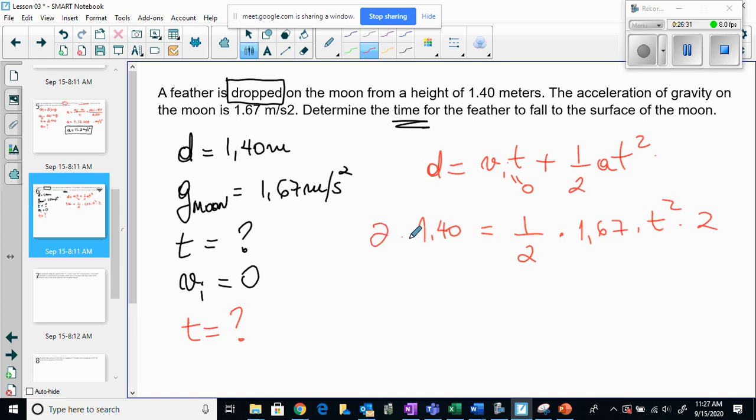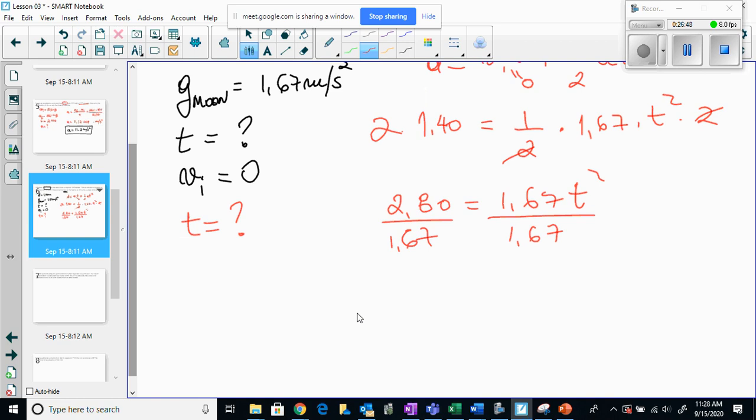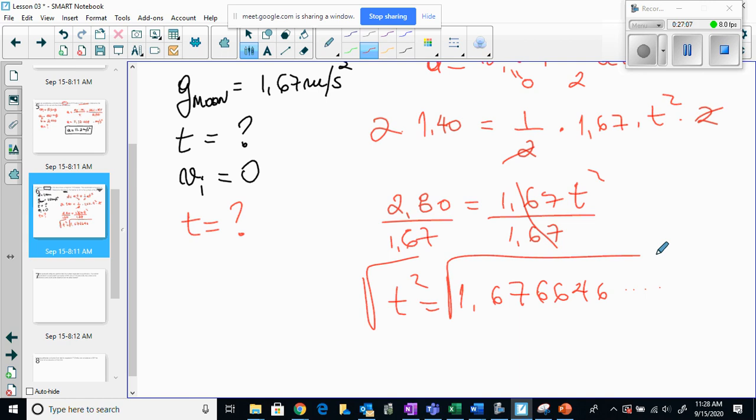Multiply both sides by 2, then you will have 2.80 is equal to 1.67 times time squared. Divide both sides by 1.67, then you will have time squared is equal to 2.8 divided by 1.67. In your calculator, you will have 1.676646 and whatever.